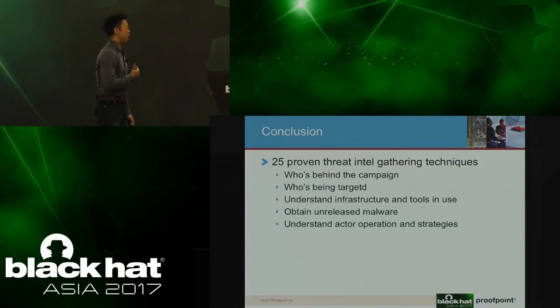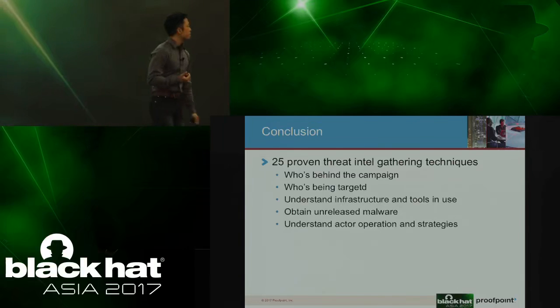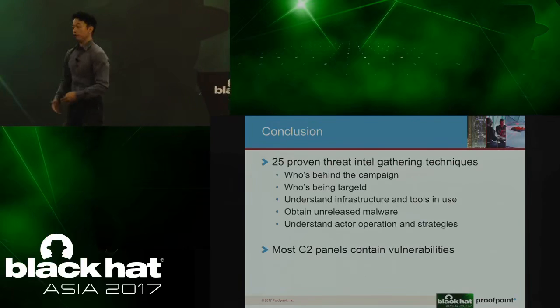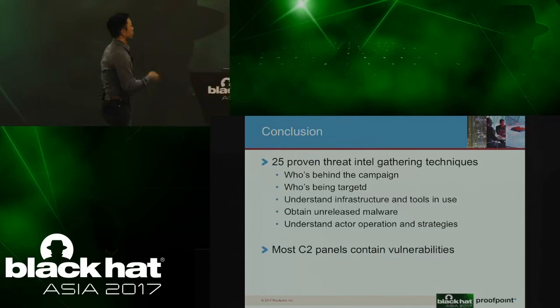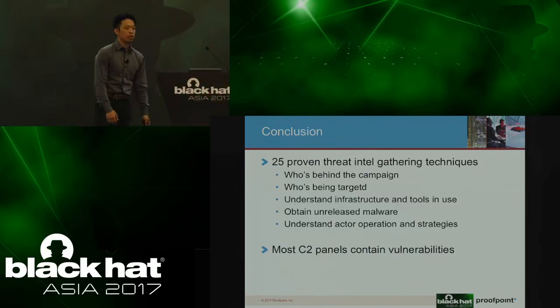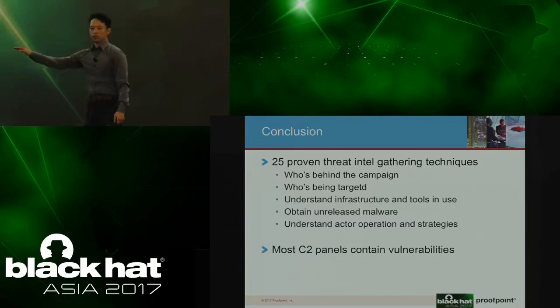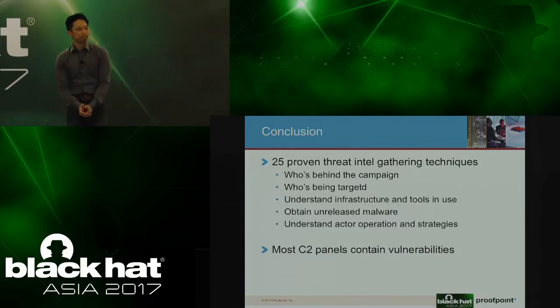Obtain unreleased malware, which ups our detection efficacy, and understand actor operations and strategies. For example, we showed you screenshots of these actors, the BEC actors, doing their daily business. Most C2 panels contain vulnerabilities. So if you are familiar with these techniques and you spend time, you're going to get a lot of intel.